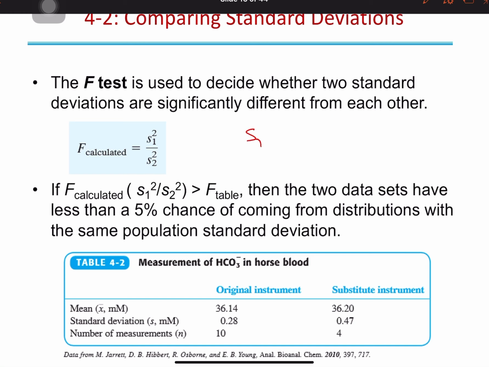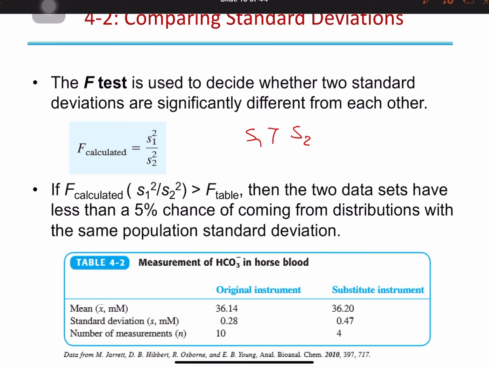So S1 has to always be bigger than S2. It doesn't matter which experiment runs first or which one we write first, S1 has to be the one with a larger value for standard deviation. So S1 squared divided by S2 squared. And then we calculate the F, and then we compare it with the one from the table.